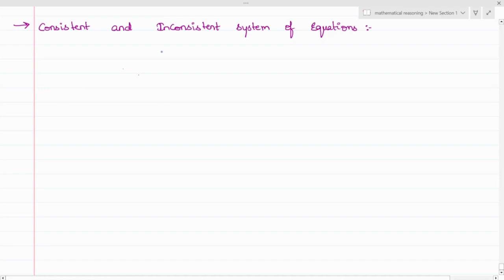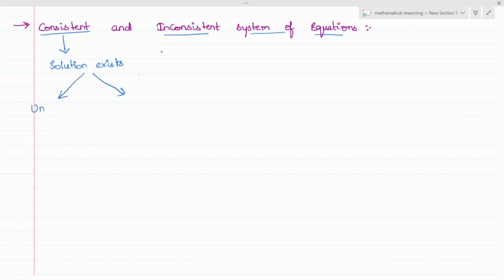Here you need to know a few basic terms, that is consistent and inconsistent system of equations. Basically, consistent is when we have a solution, so a solution exists. And here we have two different cases, as we have just seen: when we have a unique solution or when we have infinitely many solutions.